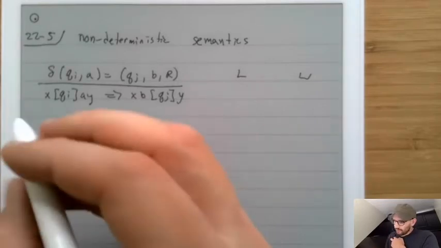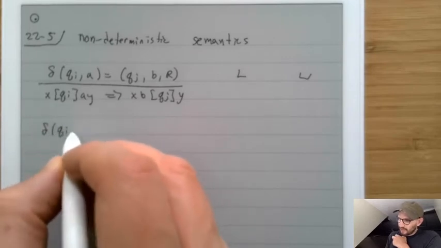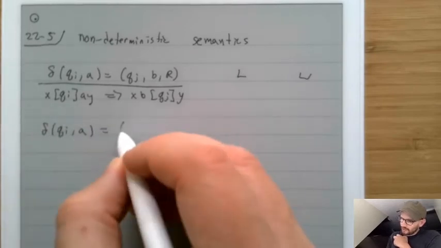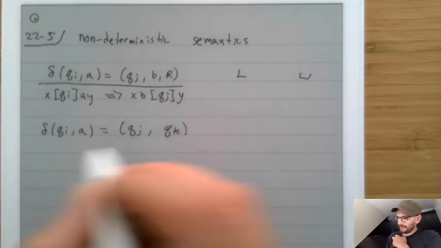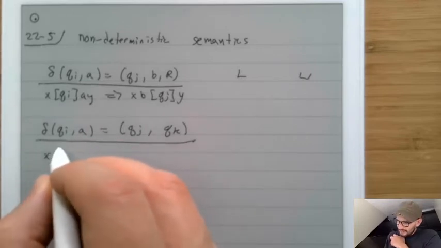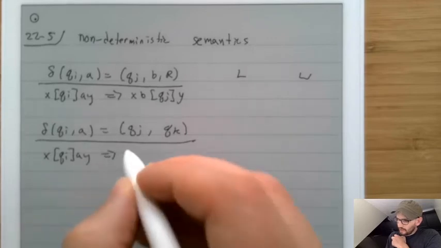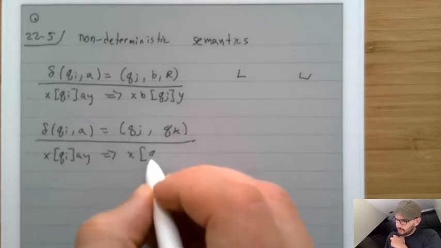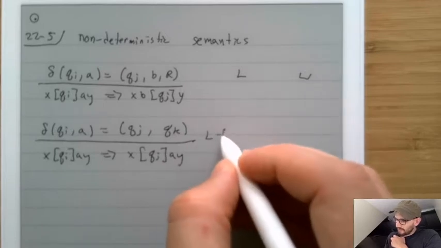What these 2 more rules do is they say, well, what if delta of Qi, a returns a fork of a Qj and a Qk? Well, in that case, we could do X Qi a Y would go to X Qj a Y. That's when we do the left fork.